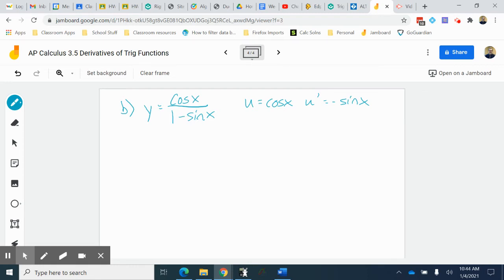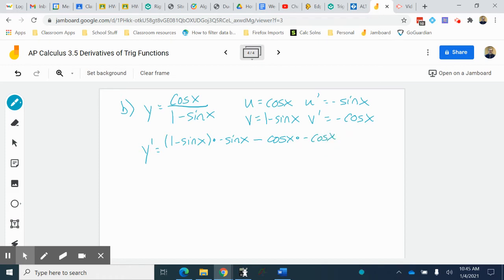It's much easier than trying to keep track of them all in your head. v is equal to 1 minus sine of x, and the derivative of v, of course, will be negative cosine of x. So the derivative of y equals v du, 1 minus sine x times negative sine of x, minus u dv, cosine of x times negative cosine of x.